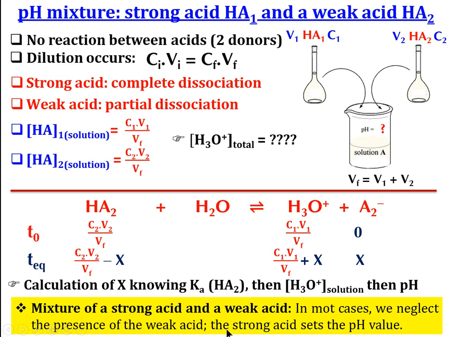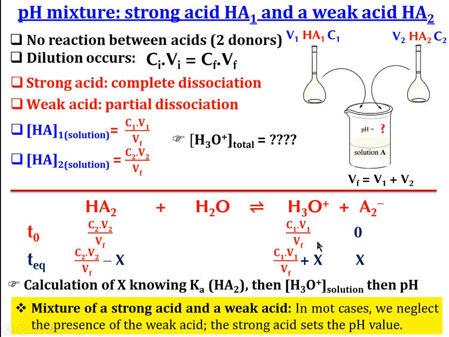Note that in most cases, when we have a strong acid and a weak acid, and the concentrations are close in the solution, we neglect the weak acid, so the strong acid will set the pH value.